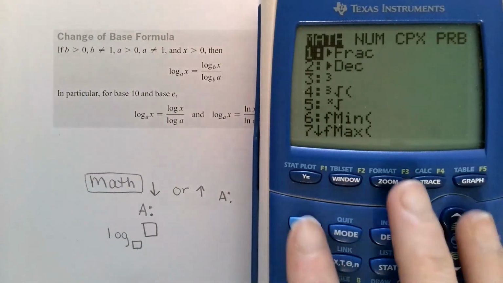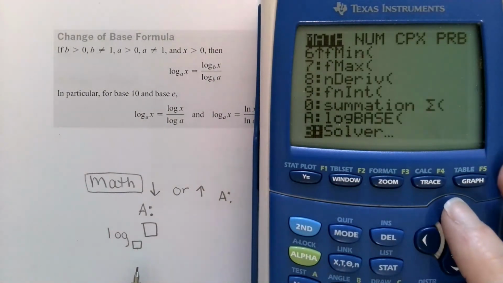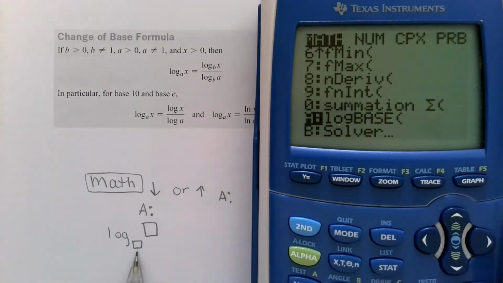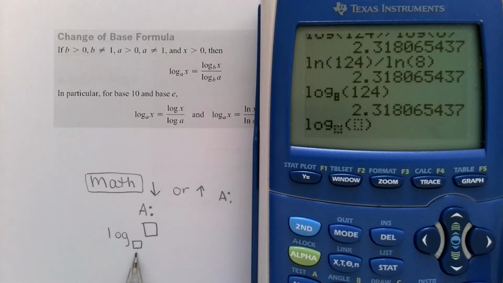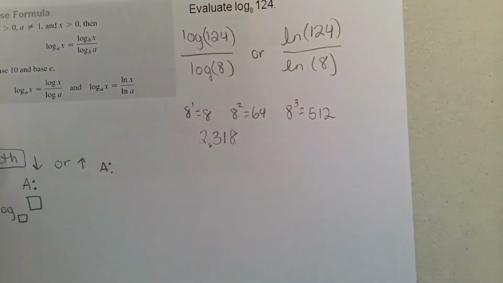And you can either go down all the way till you find it, or you can go up to option A, log base, and then put in the base of 8 and arrow over to the argument of 124. And it will give you the decimal value for that.